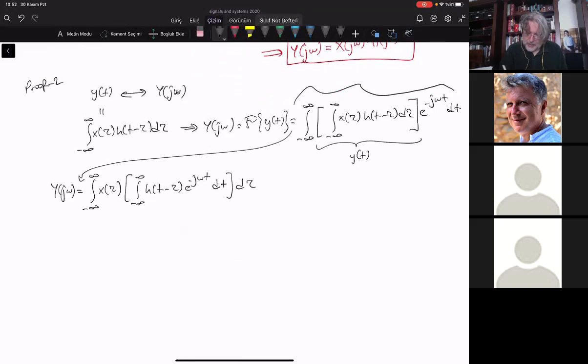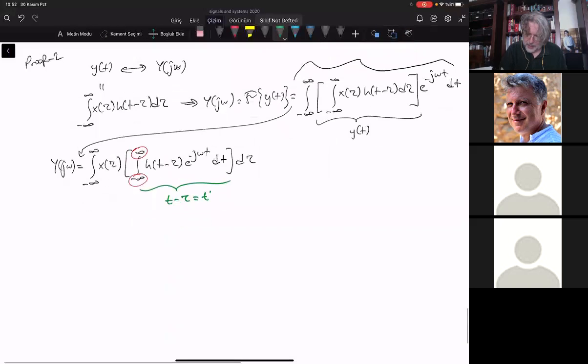Now, t is from minus infinity to plus infinity, okay? So what is t minus tau ranging from in that case? Let me make a change of variables. I will say t minus tau will be, let's say, t prime.